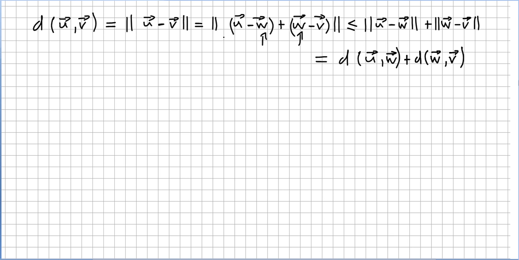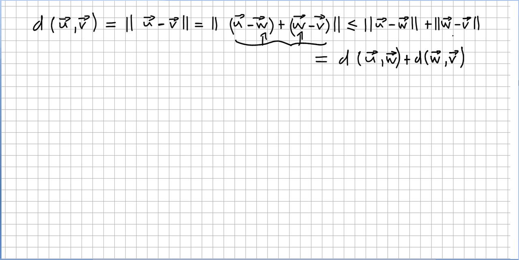So this is the norm, using Minkowski inequality. It will be smaller than, so it's like the norm of a plus b is less or equal to the norm of a plus the norm of b. So I can use Minkowski inequality here. But what is the norm of u minus w? Following the definition, that's the distance between u and w.